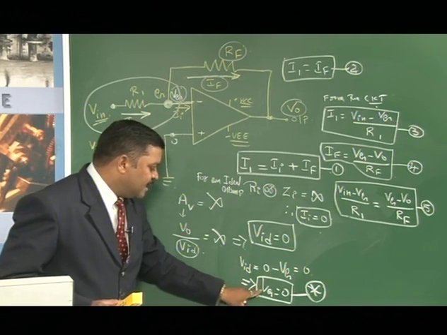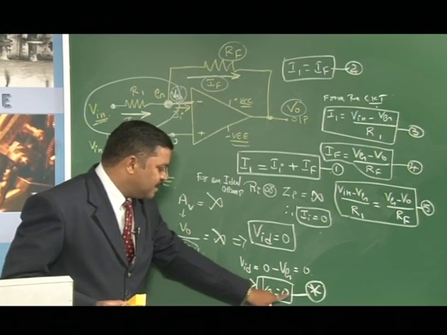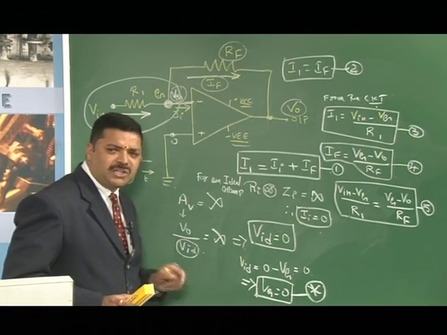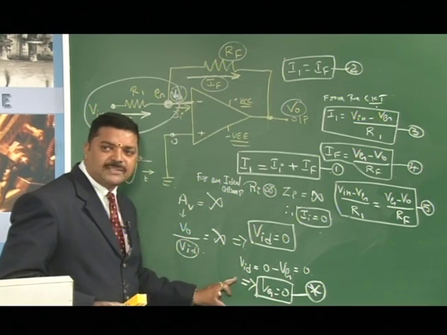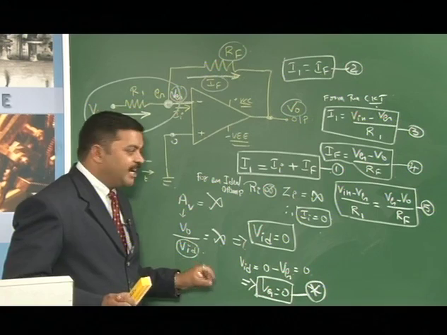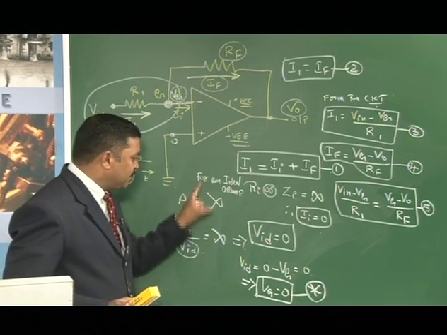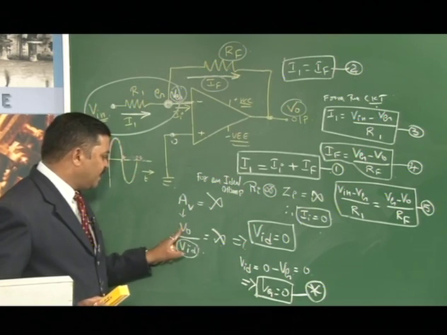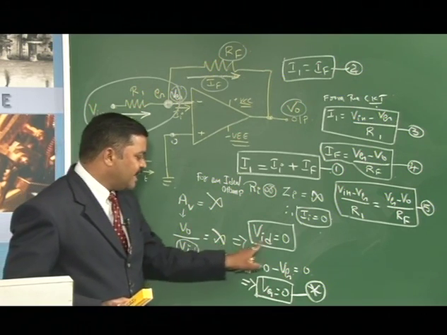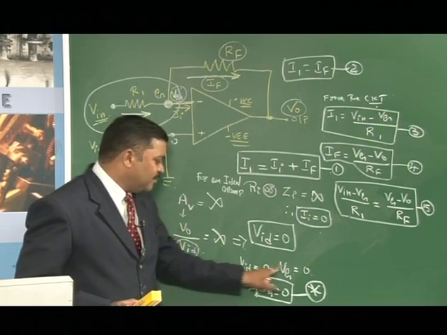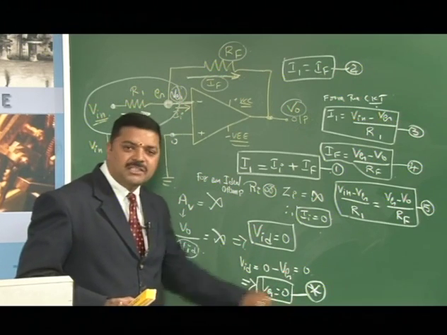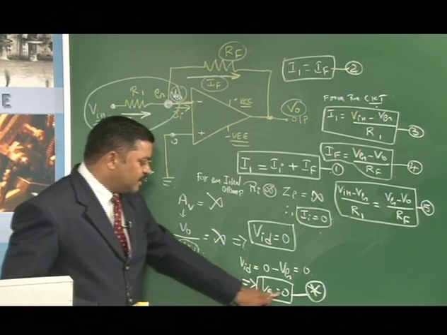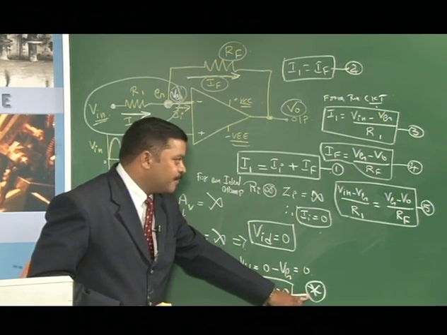From that we get Vg equal to 0. This is due to the virtual ground concept. In almost all applications, the virtual ground concept comes into the picture while analyzing the circuit. So, please remember this portion. For an ideal op-amp, AV infinity, V0 by VID infinity, VID equal to 0, which implies 0 minus Vg equal to 0. Therefore, Vg equal to 0, which is the virtual ground concept. So, Vg equal to 0 as per equation star.